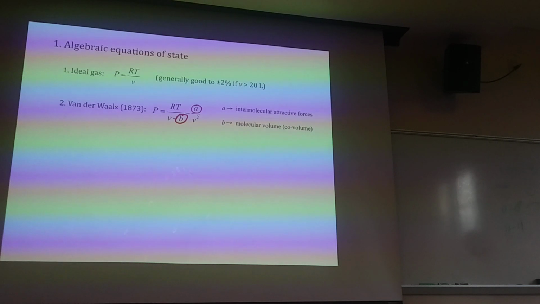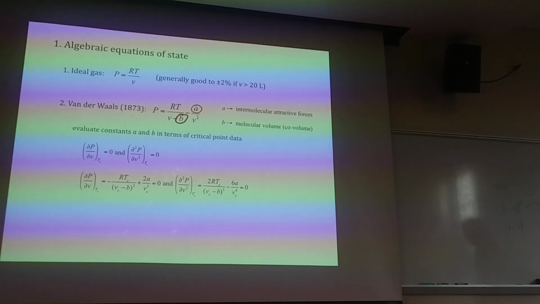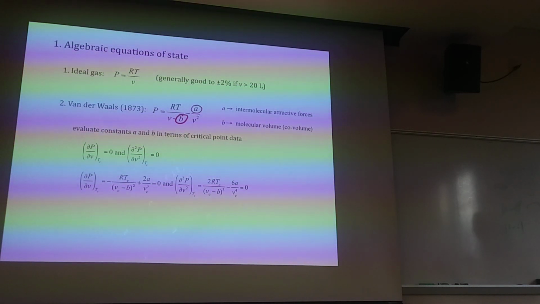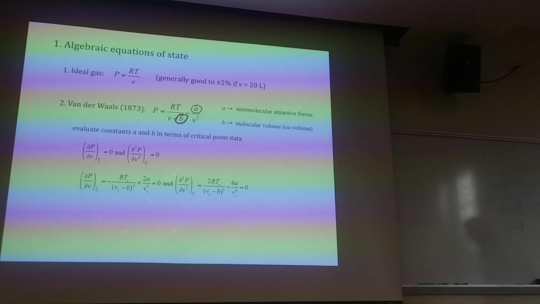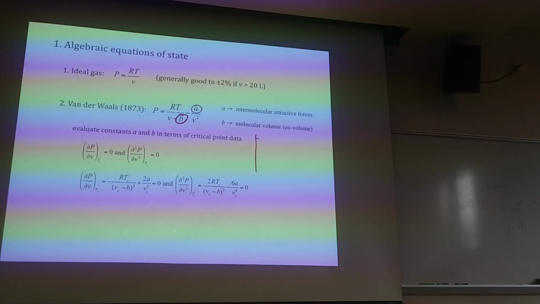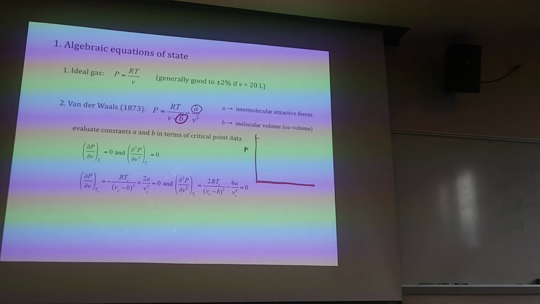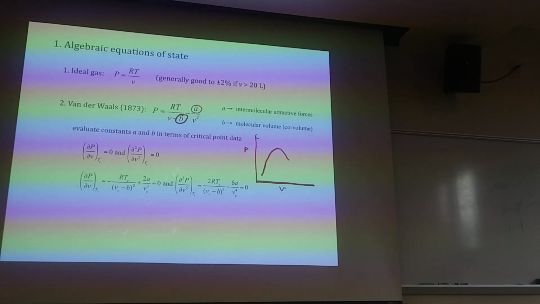Instead, what we make use of is the general behavior of materials that allows us to extract values for A and B from critical point data. Now, you may recall that when I had a PV phase diagram, it looked something like this.